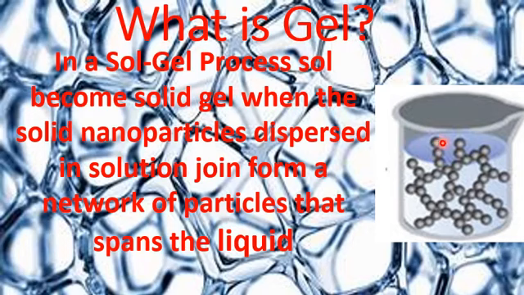Now when the temperature of the solution increases, the solid particles start to gel, they start to combine, and then they convert this liquid solution into a solid phase, and in this way they form a network, and this network in the form of a solid phase is known as gel.